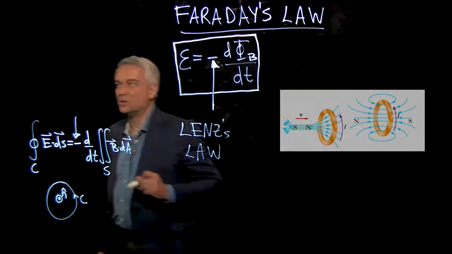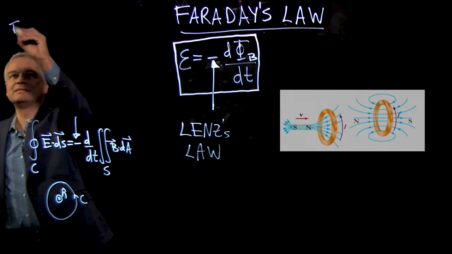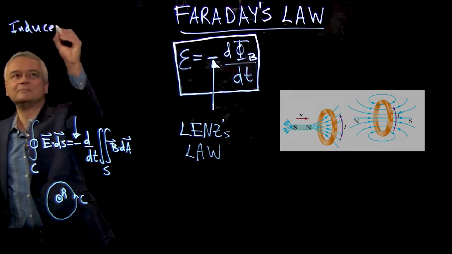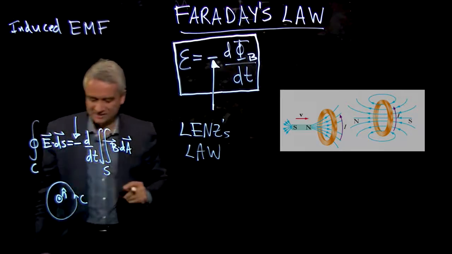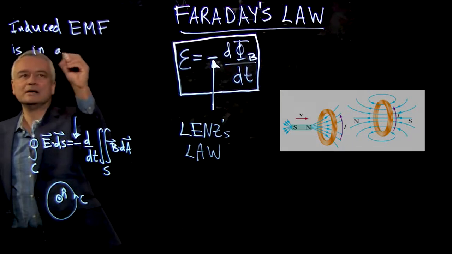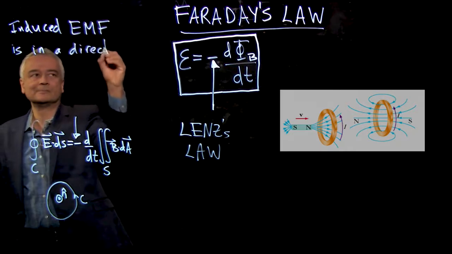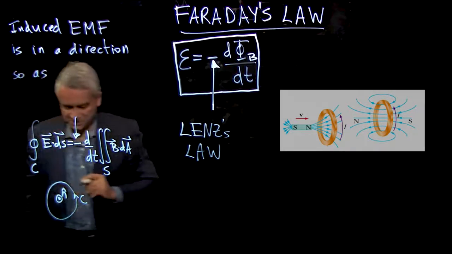And so Lenz's law, in words, is the statement that the induced EMF in the loop, induced according to Faraday's law of induction, is always in the direction so as to oppose the change in flux.